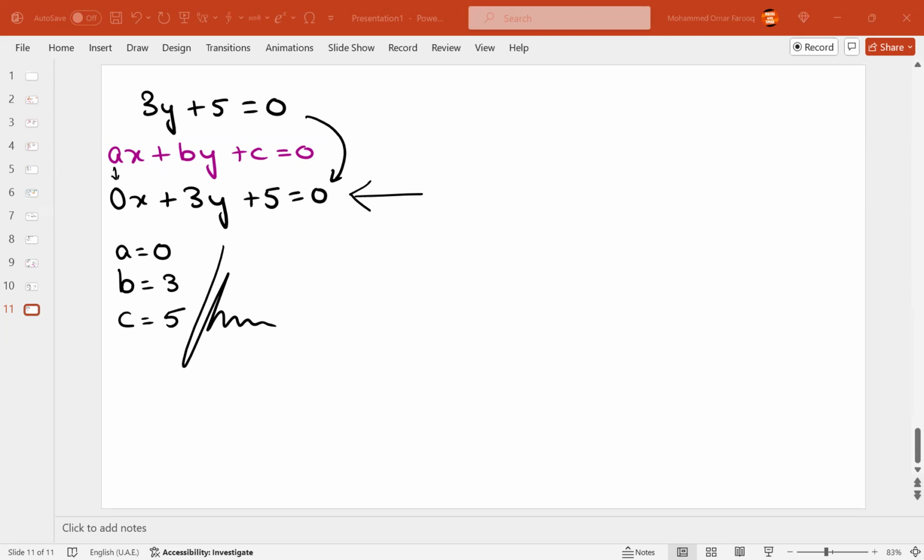Sir, how did the zero come in place? See, for example, 0 multiplied by x. What is 0 multiplied by any number? It is 0. 0 doesn't have any value.